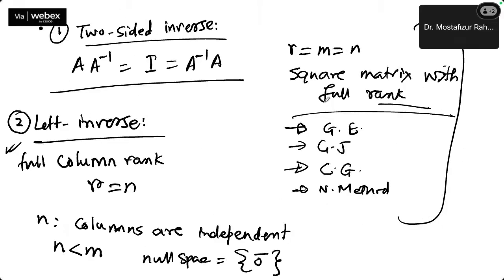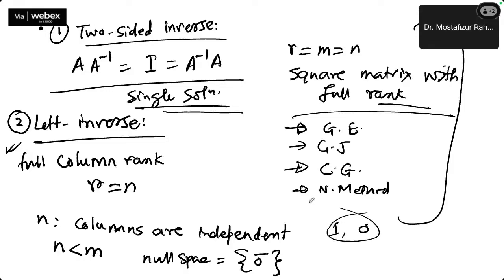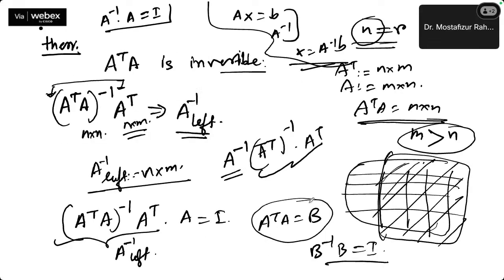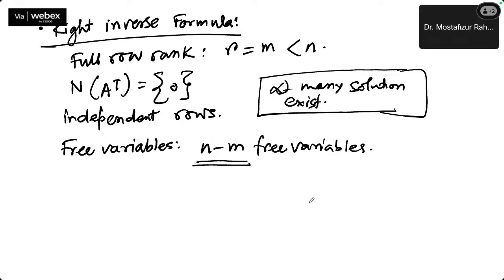Earlier, in the two-sided case, there was only a single solution, either the correct solution or the zero solution. Here we have infinitely many solutions.